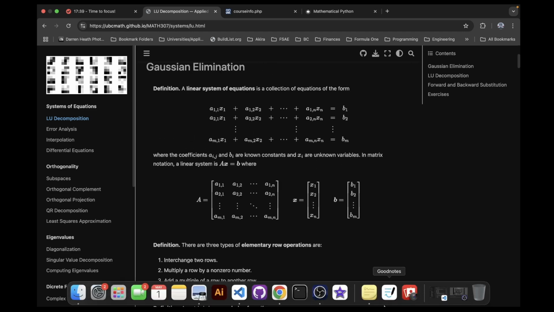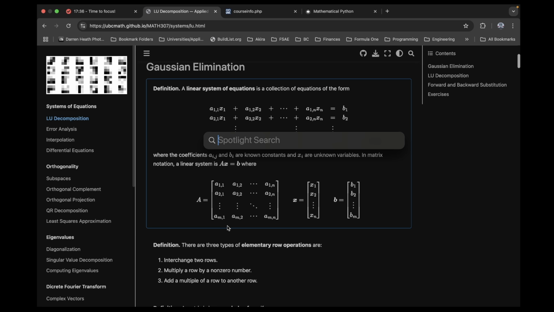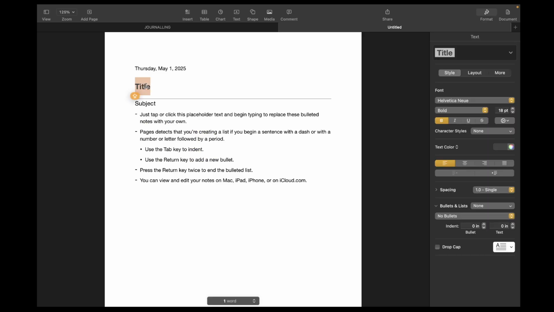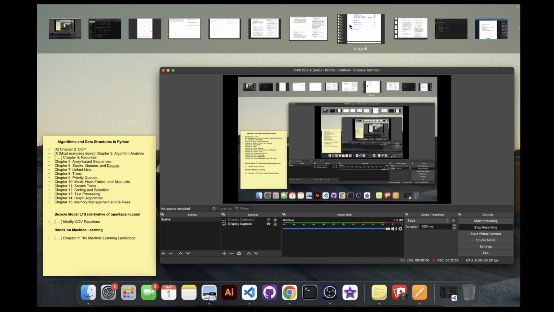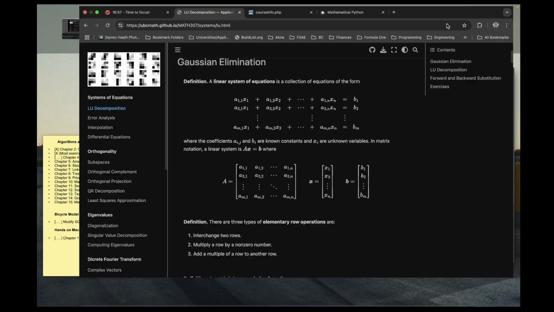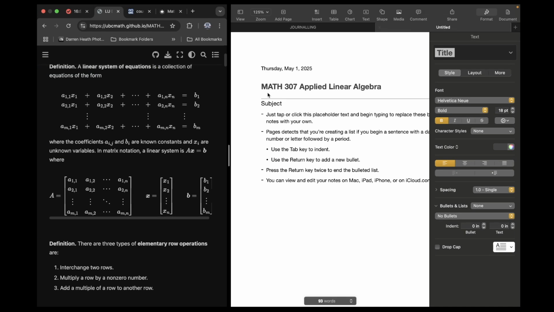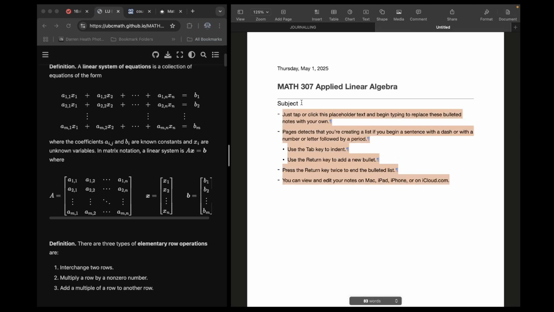Let's open up some notes. I don't want to spend too much time on it.